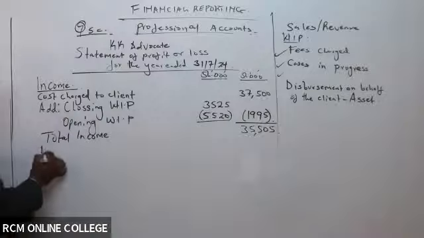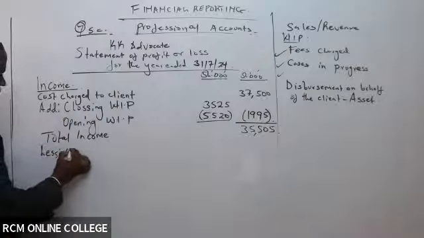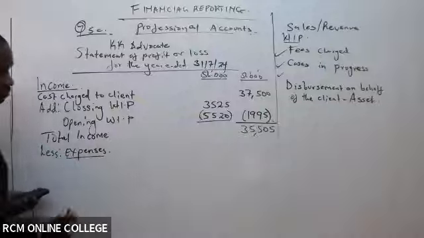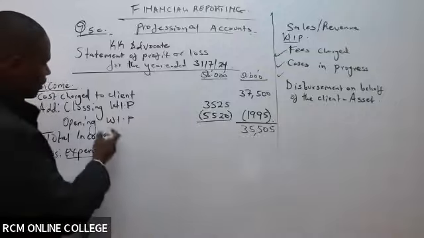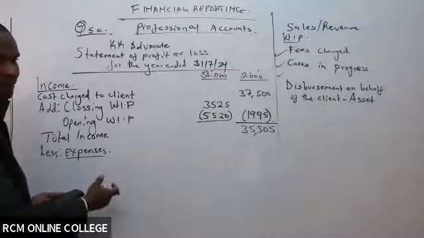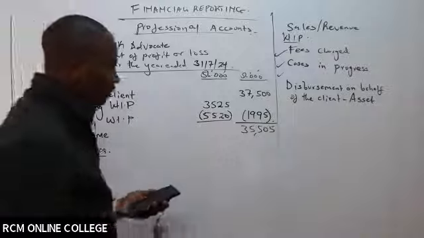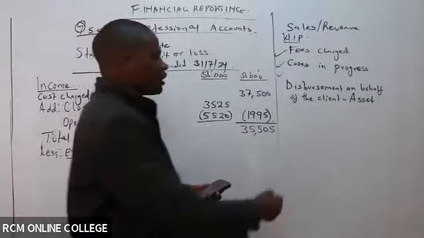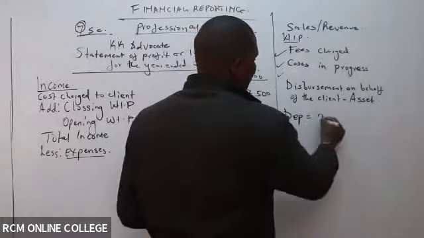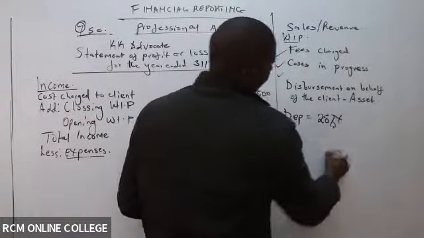Then we come to our expenses, less expenses. I advise all students that when looking at the expenses, kindly start with the additional information. In our additional information, we have depreciation. We can compute depreciation, which will be 20% of what?